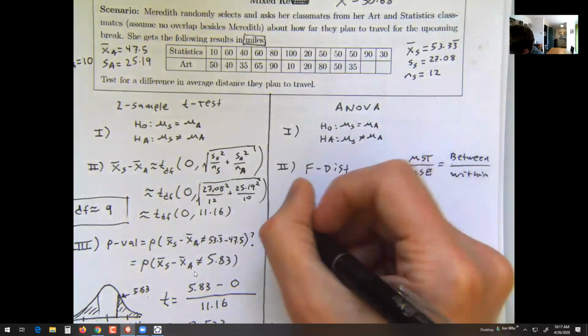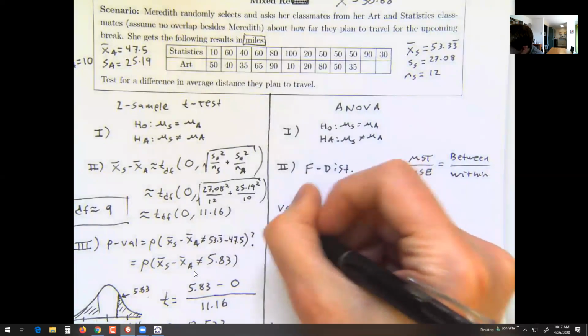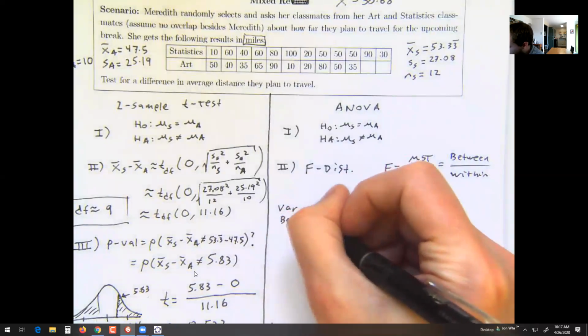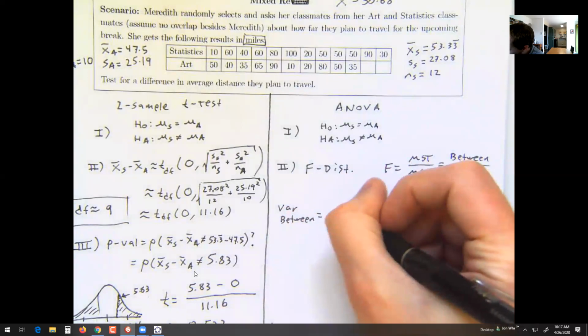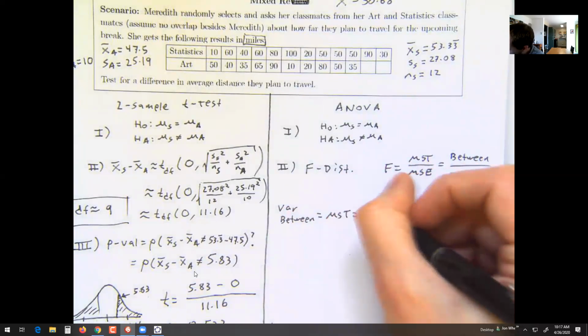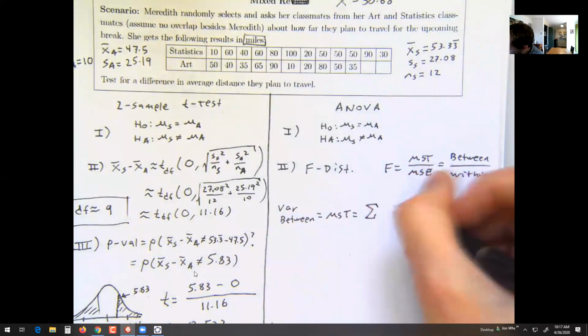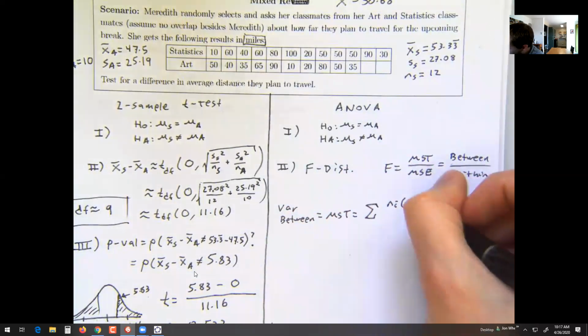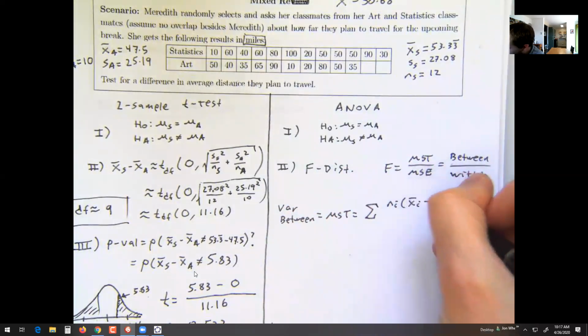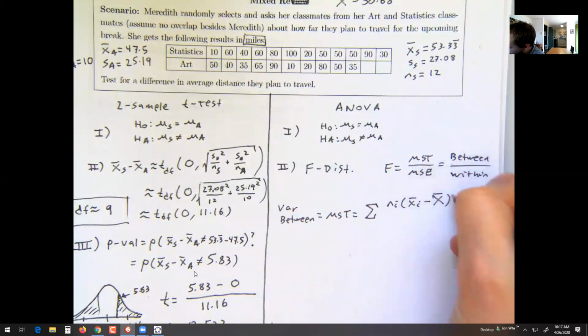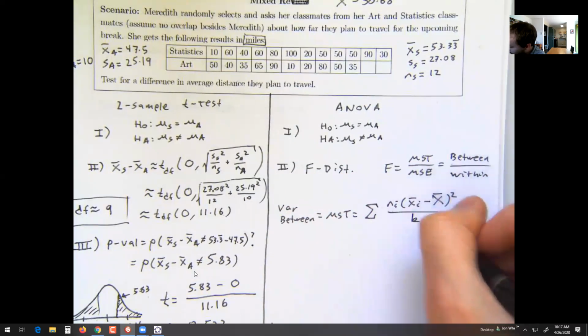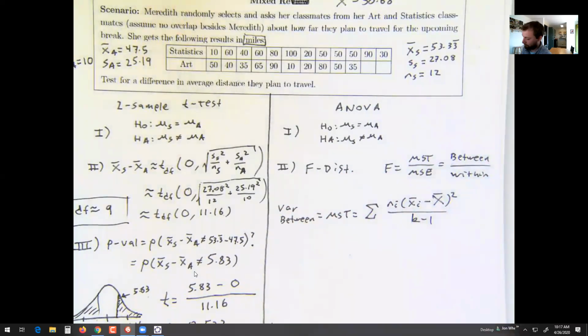Let's start by finding the variation between. This is my mean square of the treatment, and I find this by adding up all of my sample sizes times their averages minus the overall average squared divided by the number of groups minus 1.